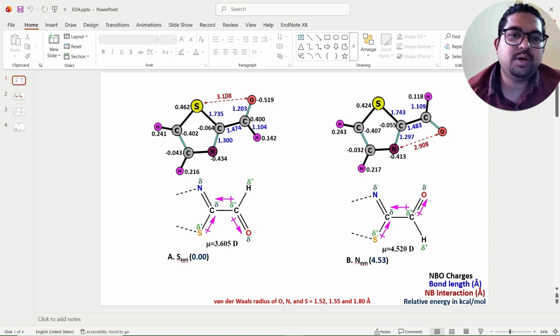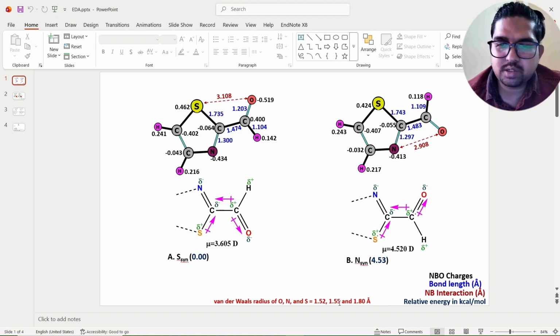So this 3.10 is slightly below that. In the case of nitrogen and oxygen, for nitrogen it is 1.55 and oxygen it is 1.52. We sum this up, and it comes to around 3.07 and 1.317, in angstrom.